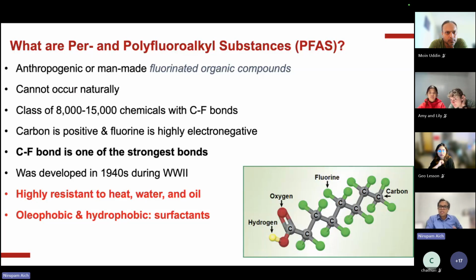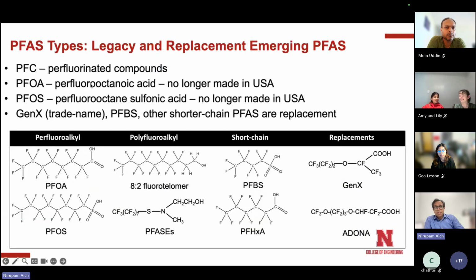And once they created this, they realized, can't we use it for consumer products? So from that, we got firefighting foam, fire extinguishers, non-sticky cooking pans, Teflon, right? All these things that we use for any waterproofing, any oil proofing we do, we got it from there. Okay, so these are some of the examples.